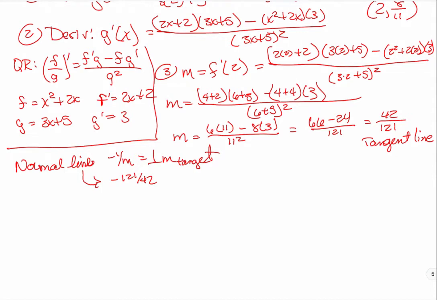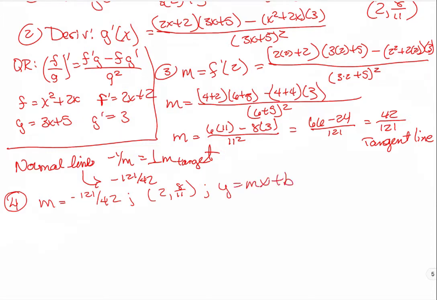So that means for the normal line, I have a slope of negative 121 over 42, a point of 2, 8 over 11, and y equals mx plus b.